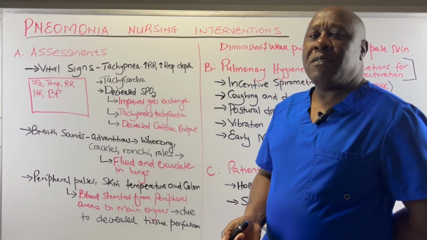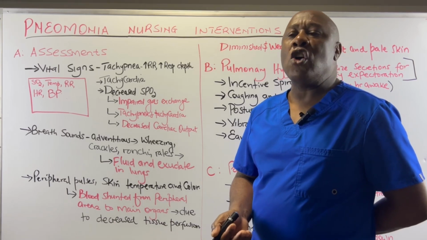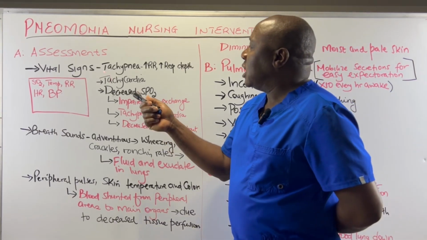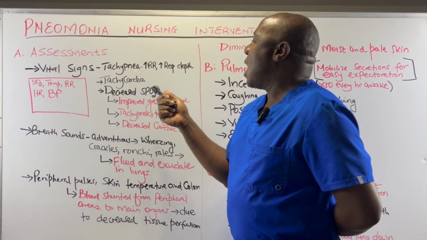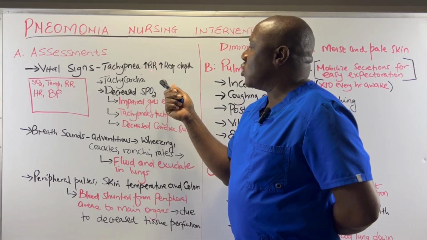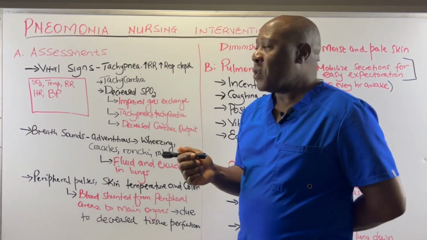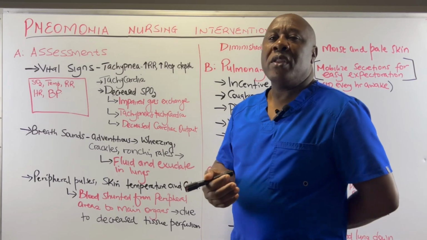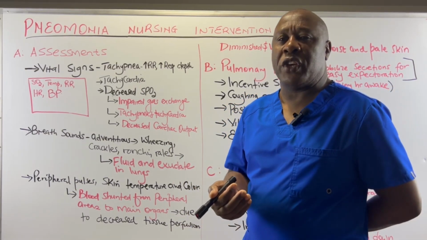Now, when you collect vital signs on patients with pneumonia, there are a number of things that are going to be clear. One, these patients are having tachypnea. You are going to realize that they are having an increased respiratory rate and also increased depth of respiration. Now, this is because the body is trying to compensate for the decreased oxygen saturation.